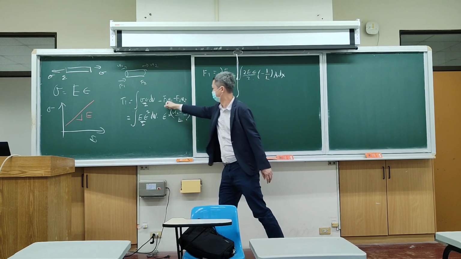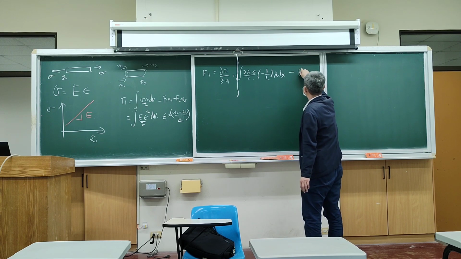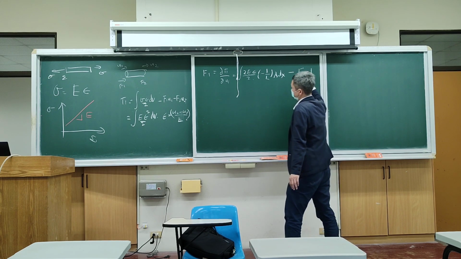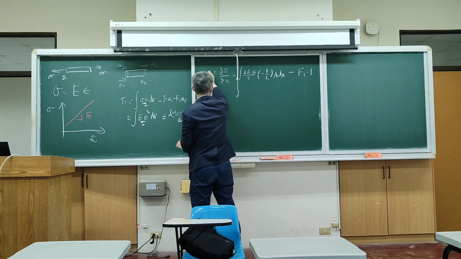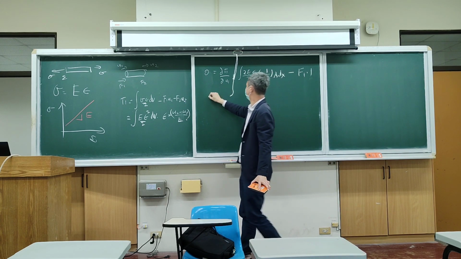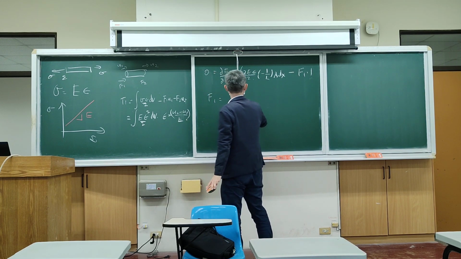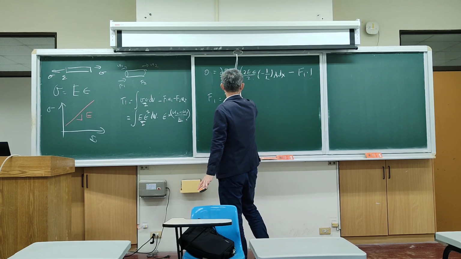Okay, minus your F1. So this one is the minimum energy case. In this case, you write your F1 is equal to your strain.